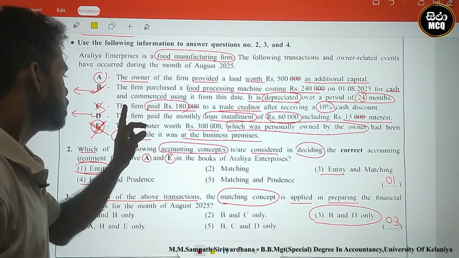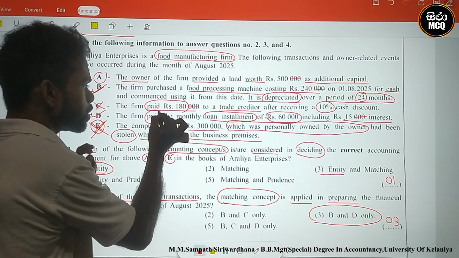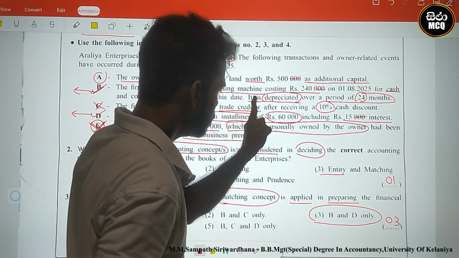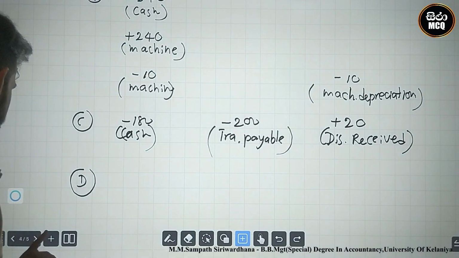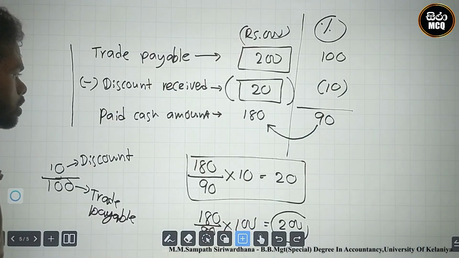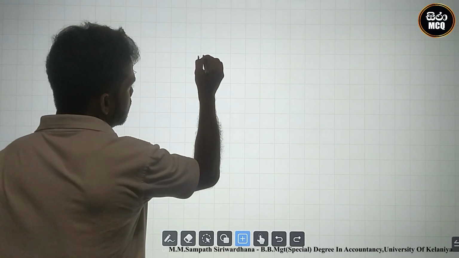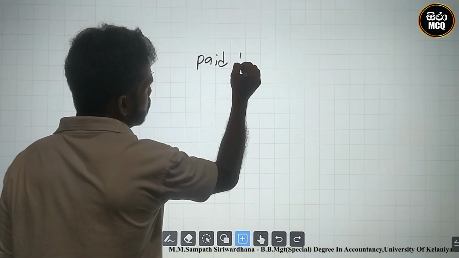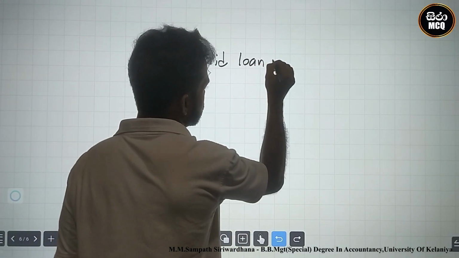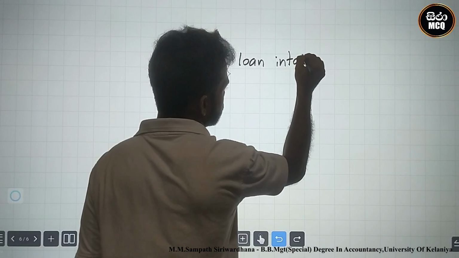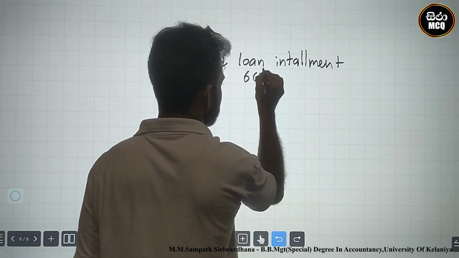Look here, the firm paid a monthly loan installment of 60.